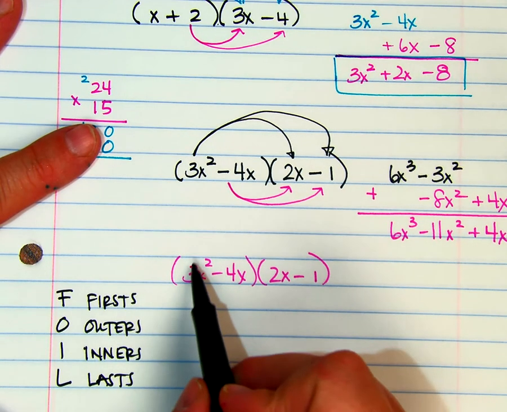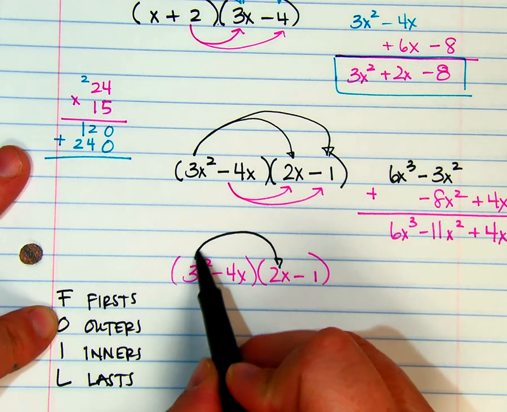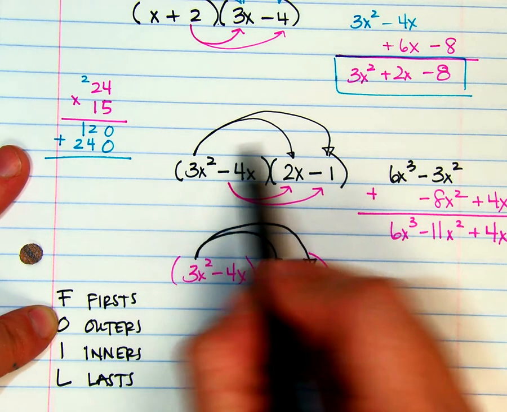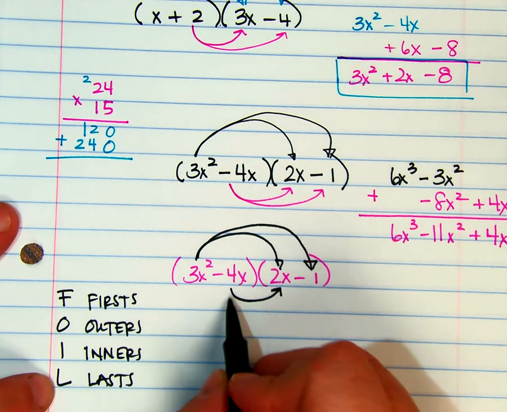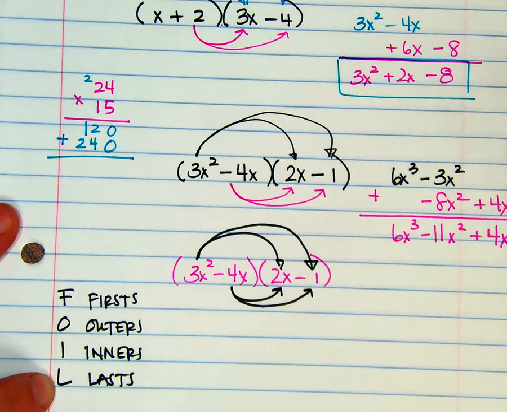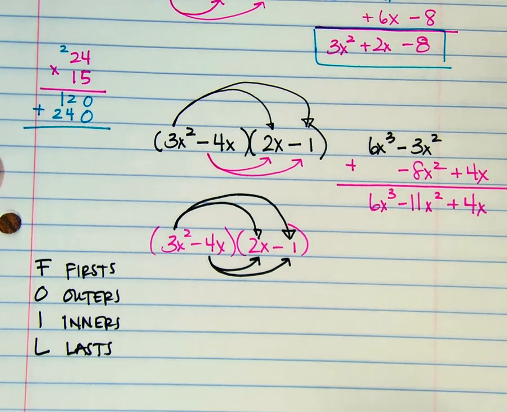So first will be multiplying your first times your first. Outers are your outside, which is what we did. Inners are your inner terms, and then your lasts are your two last ones. So this is just a fancy way of remembering how to do it.